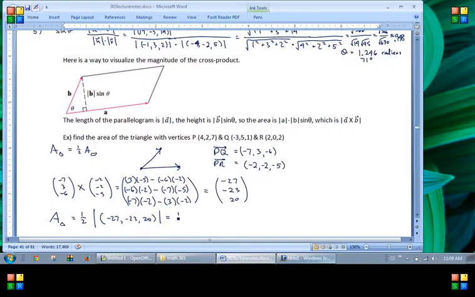So we need half of that. So it's going to be the square root of 27 squared plus 23 squared plus 20 squared. So whip out the calculator, and finishing up the arithmetic, you get the area as approximately 20.4.